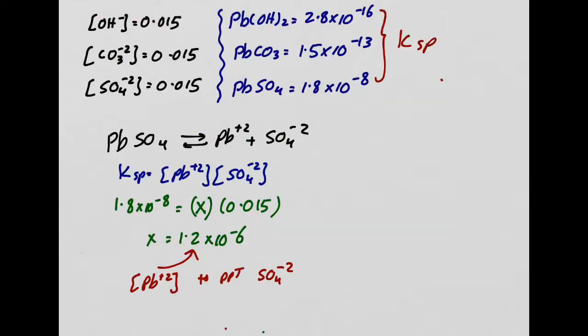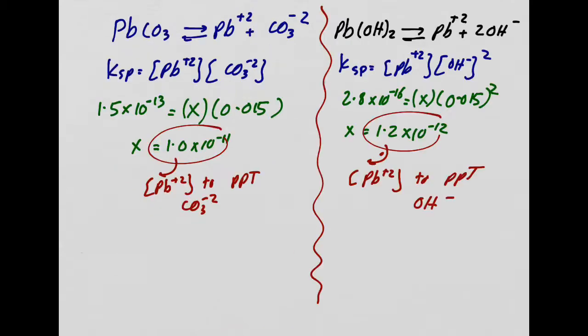Okay, so I did that. So this is how much lead I need to precipitate sulfate. This is how much lead I need to precipitate carbonate. This is how much lead I need to precipitate hydroxide. Okay, so now you tell me, what is the order of precipitation?